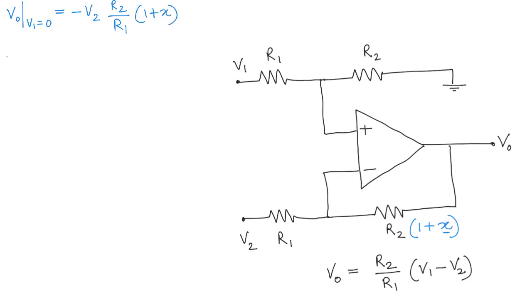And similarly, if we look at V output when V2 equals 0, we get V1 times R2 over R1 plus R2 times (1 plus X) over R1.